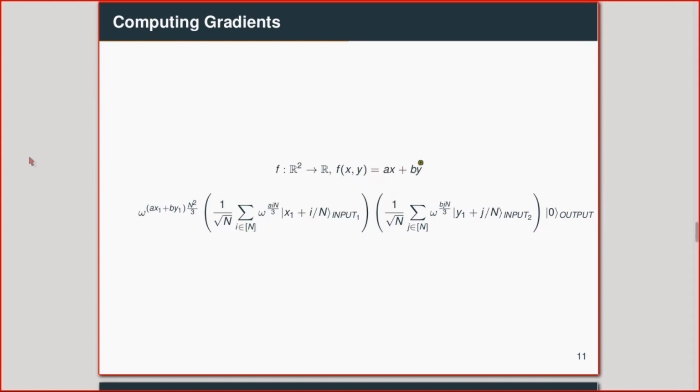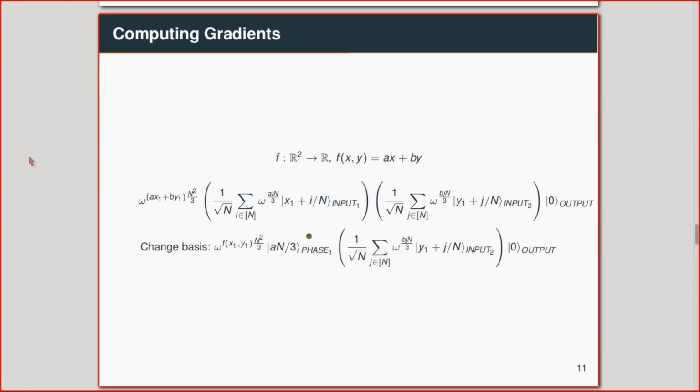But now all that I want to do is a change of basis. Because if I now change the basis based on those orthonormal vectors that I showed earlier, this state over here, it was some state of the form 1 by square root n times 1, omega to the 2an by 3, omega to the 3an by 3, and so on.